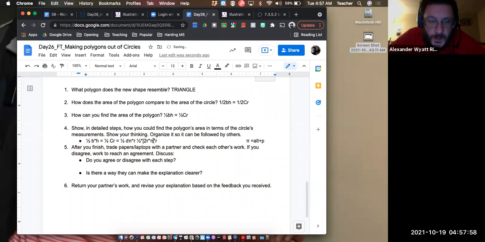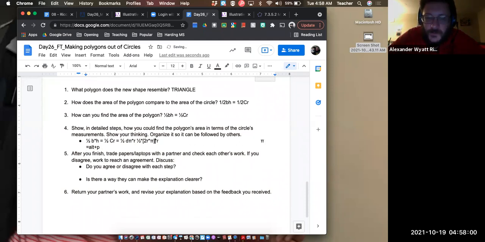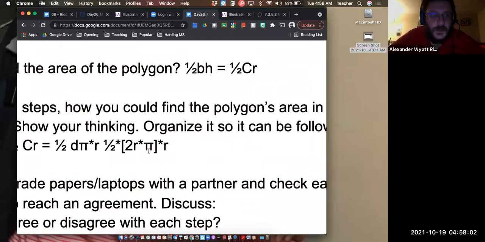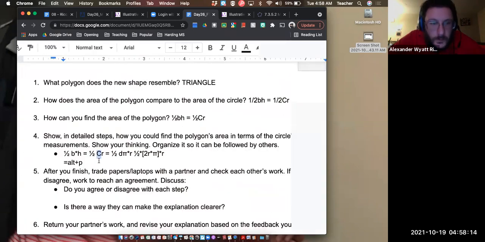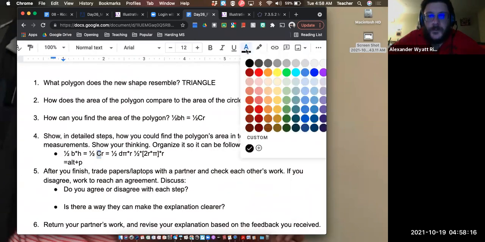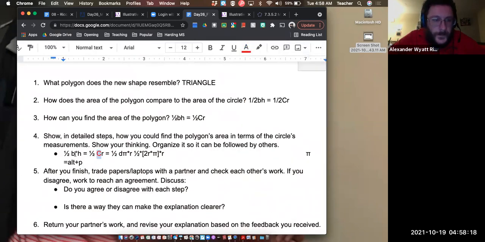That right there is 2r. I'm sorry that it's small, I'll make it bigger. Half the circumference, right, so this was the circumference. I'm going to put that as red.